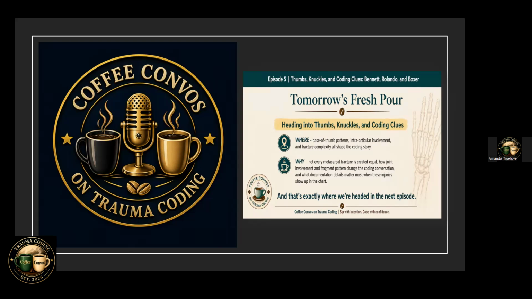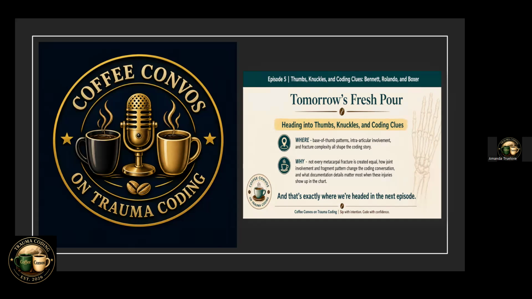So that kind of brings us to the end of this SIP. Your hand eponyms are going to remind you, hopefully they keep you on your toes, and teach you that small bones can carry big details for coding. Your Bennett taught you to recognize the base of the thumb fractures with joint involvement and instability.